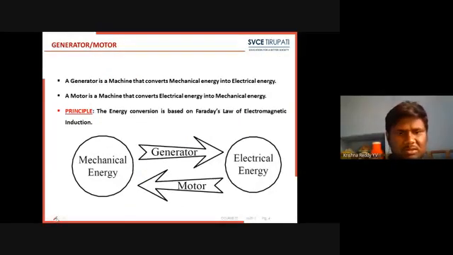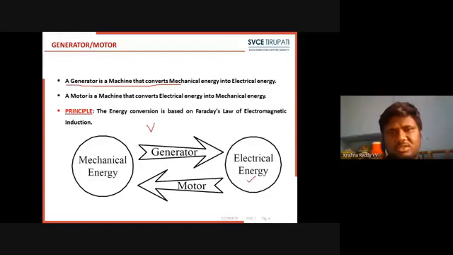Here, the function of a generator: a generator is a machine that converts mechanical energy into electrical energy. For the generator, we give mechanical energy as input and take electrical energy as output. But for a motor, we consider electrical energy as the input and mechanical energy as the output.